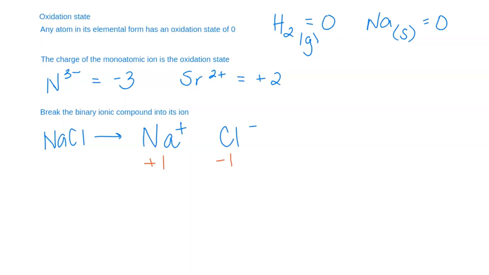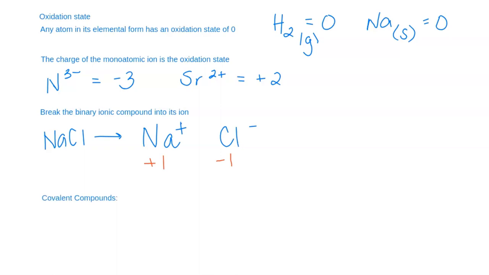So that's for ions. Then we can look at covalent compounds. For a covalent compound, we have a couple of rules. I'm just going to create a little bit of a header.